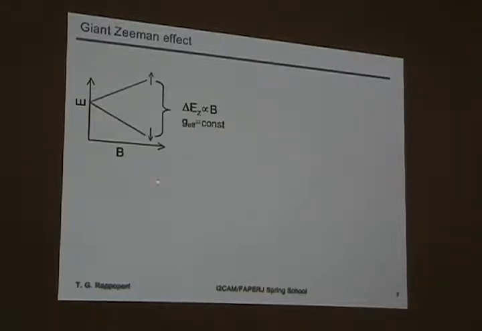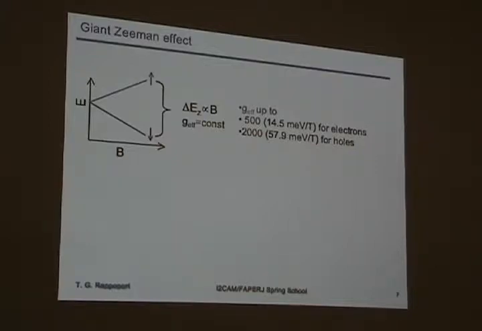So you have this giant Zeeman splitting, and when the field is low, this Zeeman splitting is linear with B, so you can think about the g factor of the carriers as being very, very large. The effective g factor can be 500 for electrons and up to 2,000 for holes.